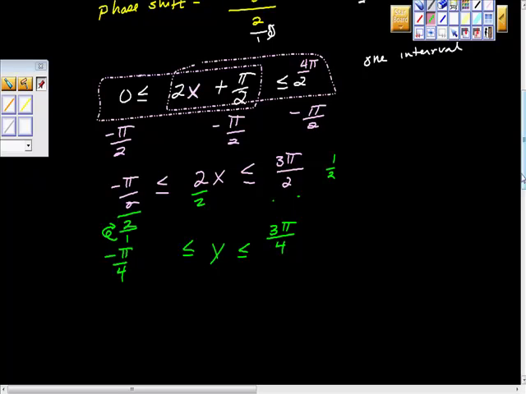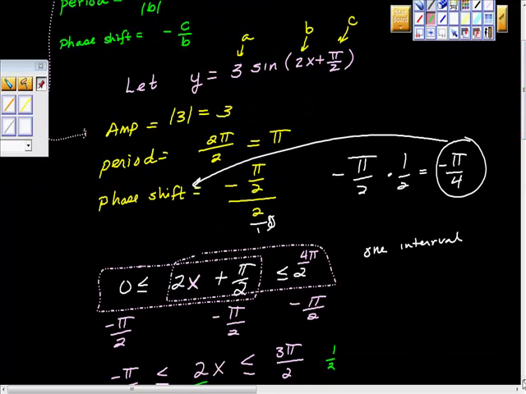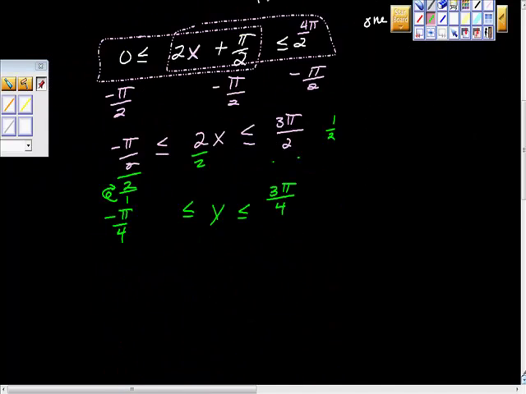Okay, so let's go back to see what we had here. We had an amplitude of 3. So here's our function. With an amplitude of 3, it goes from 3 to negative 3, doesn't it? One interval is from negative pi fourths to 3 pi fourths.